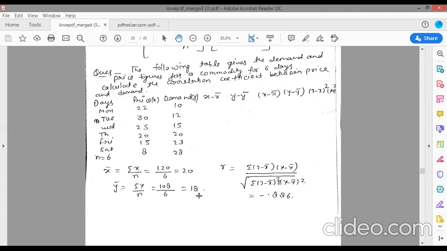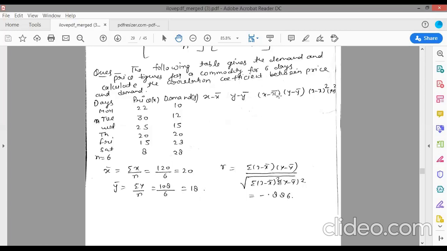Next we need to calculate x minus x bar and y minus y bar separately. Then you need to calculate x minus x bar into y minus y bar, as the next column. Why are we finding all these terms?